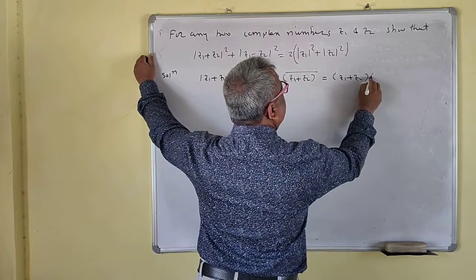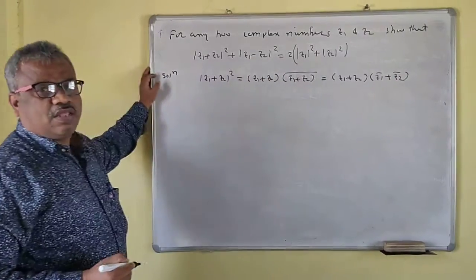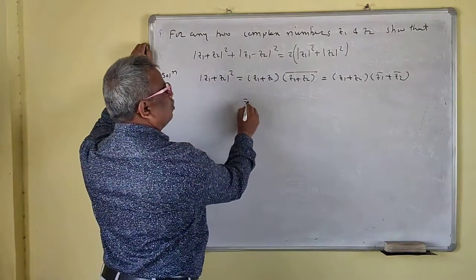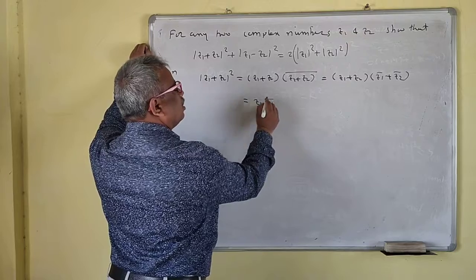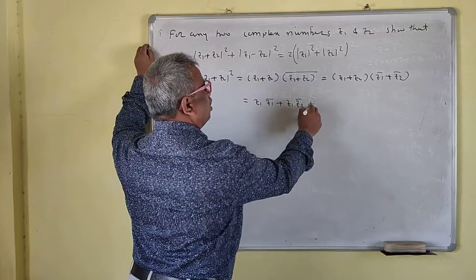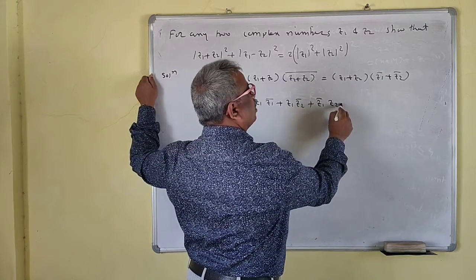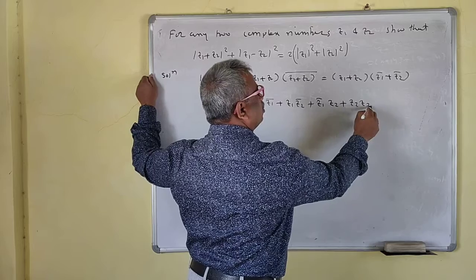So now this is the same as (z1 plus z2) times (z1 bar plus z2 bar). Now we take the multiplication: z1 z1 bar plus z1 z2 bar plus z2 z1 bar plus z2 z2 bar.